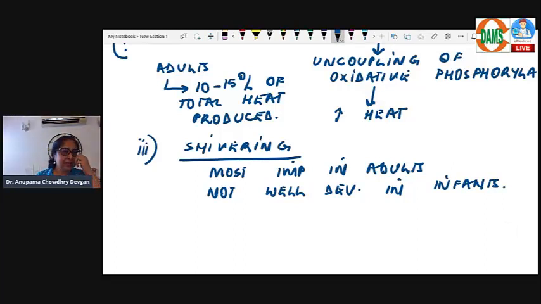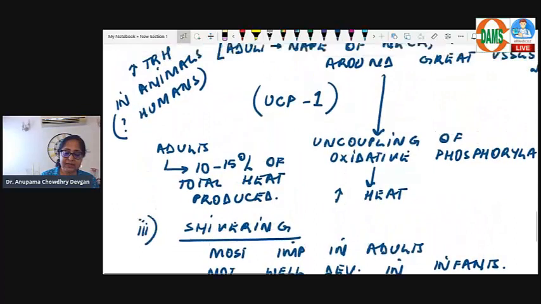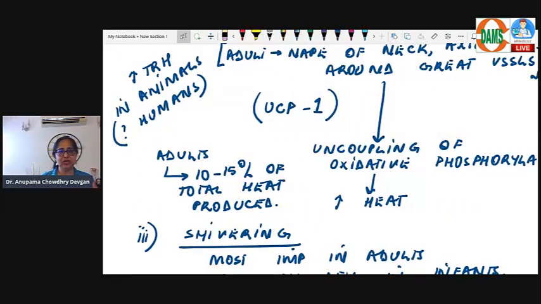Are we clear with that? So this is shivering. Now see the TRH response. TRH is thyrotropin releasing hormone. If there is an increase in TRH from the hypothalamus, there will be an increase in TSH from the pituitary and an increase in T3, T4 from the thyroid.